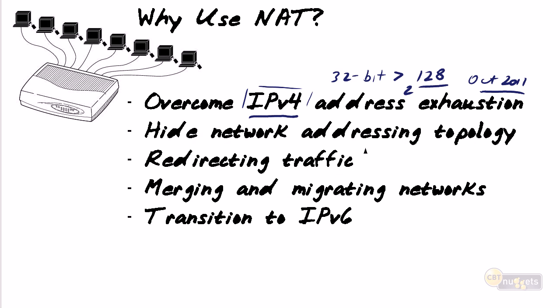Another reason why we use NAT is to hide our network addressing topology. In a sense, we can use NAT as a security feature, in that we want to hide our internal IP addressing structure from different types of reconnaissance attacks, so that we aren't subject to different spoofing attacks.